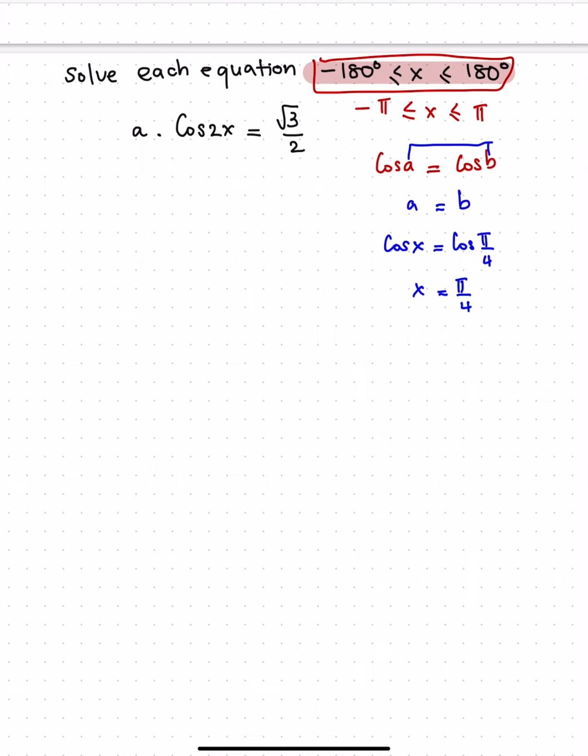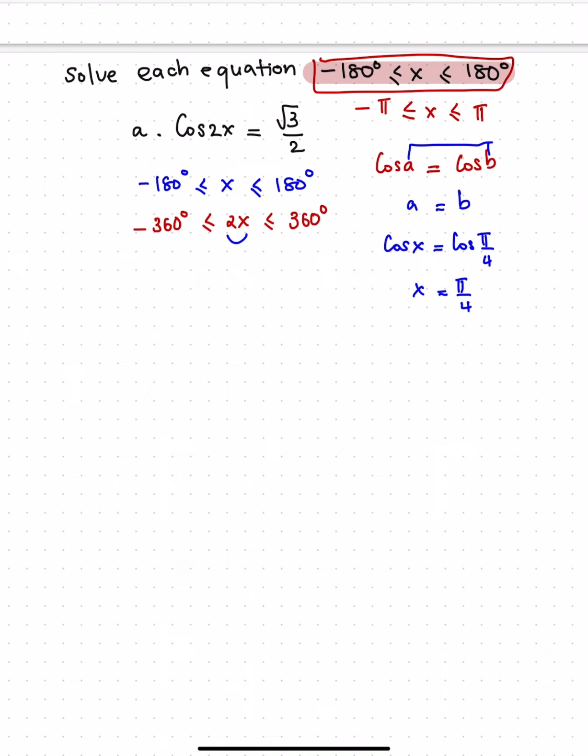The domain is negative 180 degrees less than x less than 180 degrees. So we multiply by 2 for all sides, and that will be negative 360 degrees less than 2x less than 360 degrees. So the domain for 2x is from negative 360 degrees until 360 degrees.